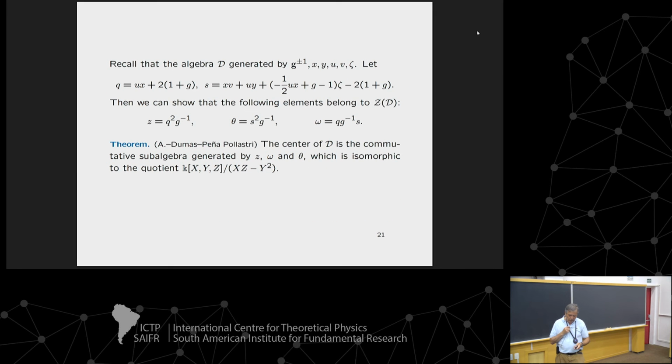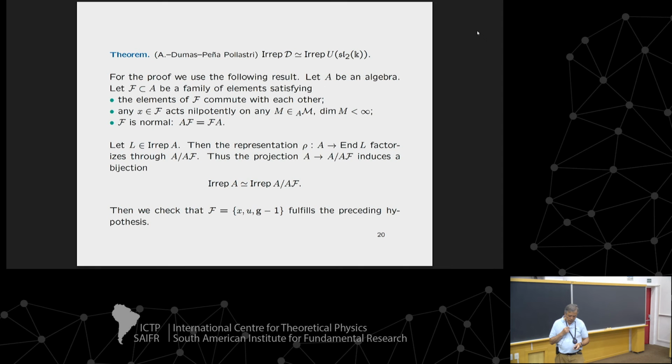But we were able to prove that the irreps of D are in bijection with the irreps of big U of SL2K. And the proof uses the following result. Suppose that you have an algebra A and a family F of elements such that they commute with each other, any element in this family F acts nilpotently in any A-module, and also that F is normal. It means that the left ideal generated by F is a two-sided ideal.